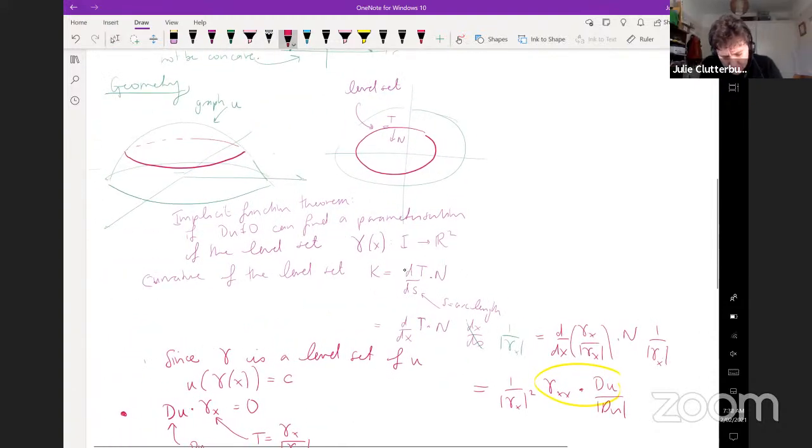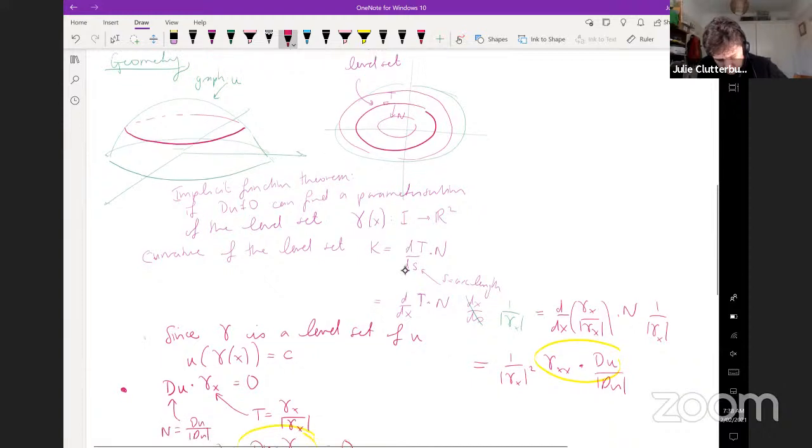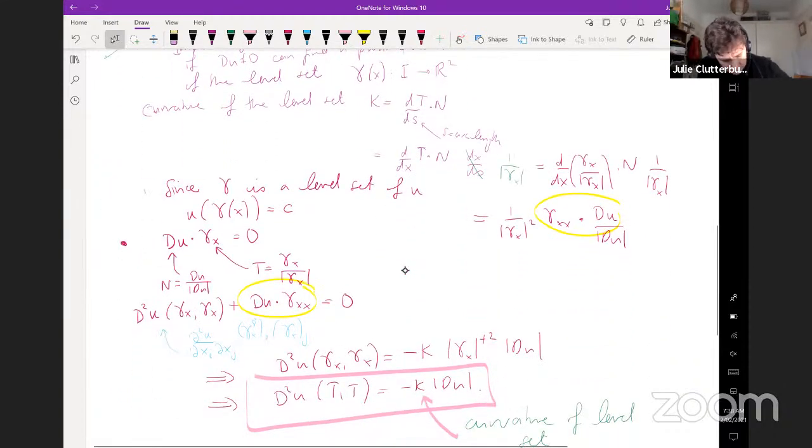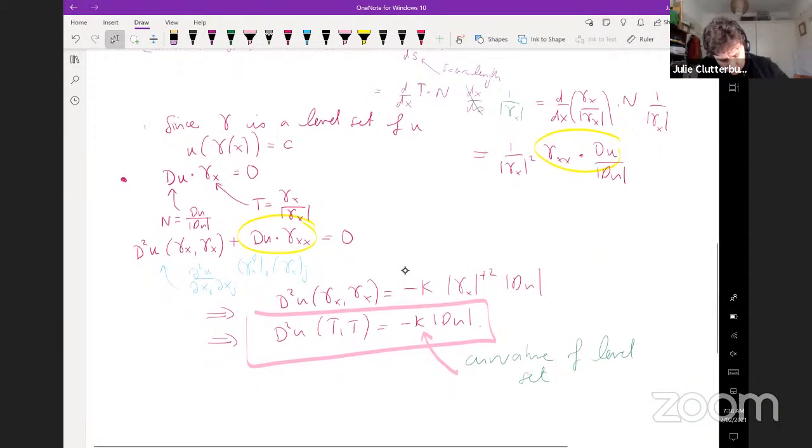If we consider all our level sets, the level sets are not containing all the information about u. They're just containing part of the information, because you could have a different function for u here that had exactly the same level sets if it was changing in the direction of the normal at a different speed. So the part of the Hessian of u is giving us the curvature.